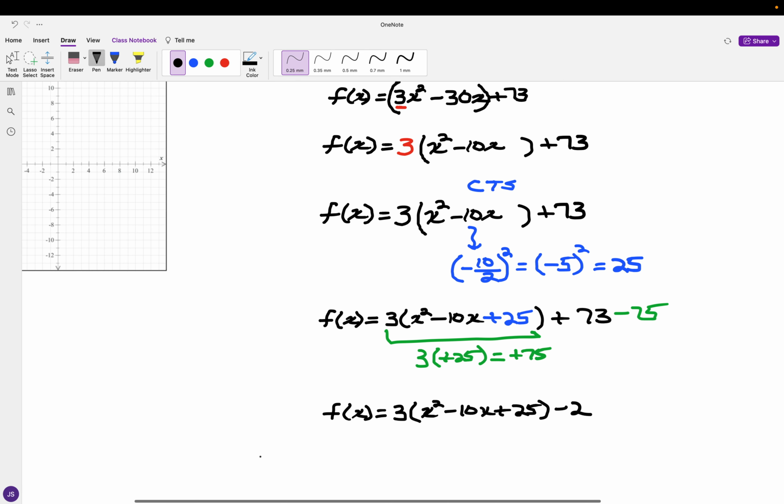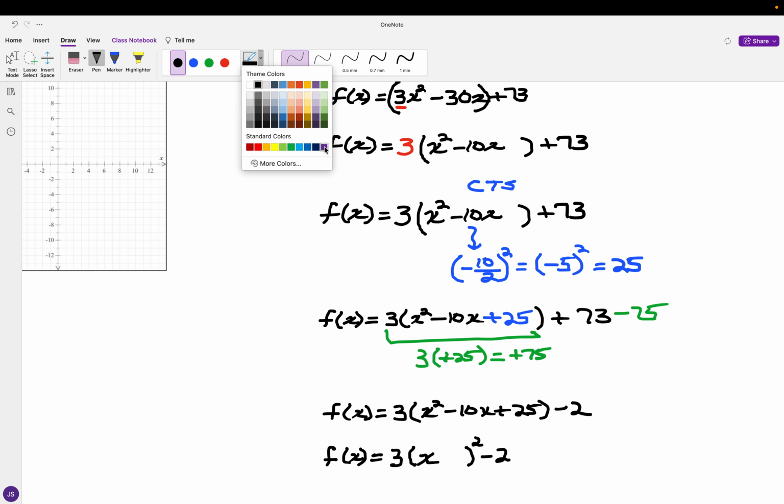Okay, and crossing over to what we have for the vertex form. So we got 3. That is going to be the value of what we have for a. And then we have for the x minus h to the second part. Again, we have with x squared, that to be the square of x, and the constant that will be used to fill in for the minus h portion.